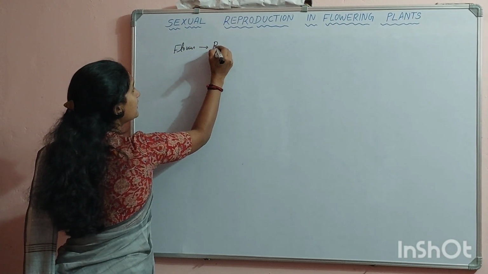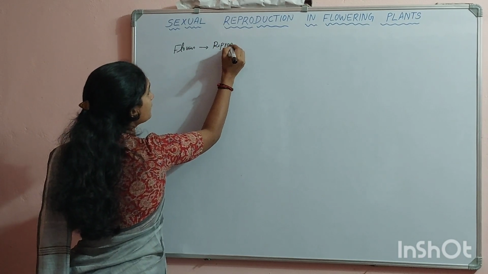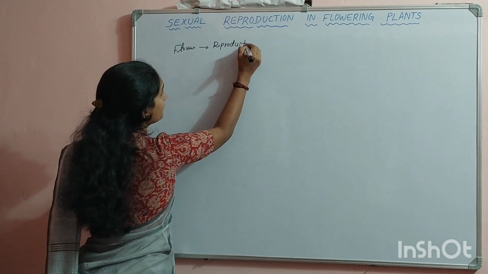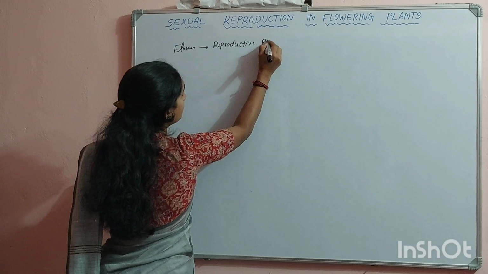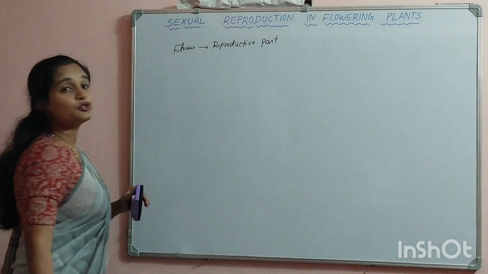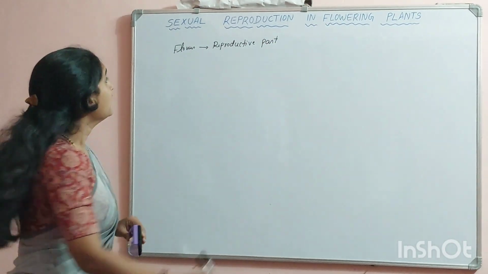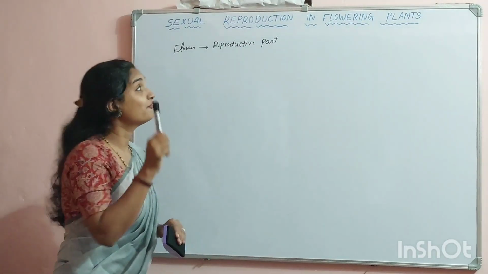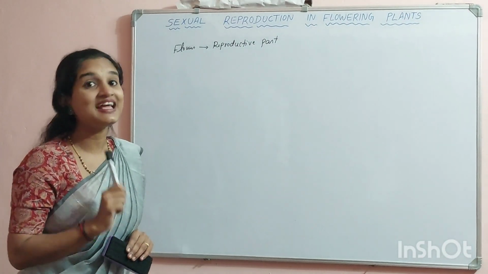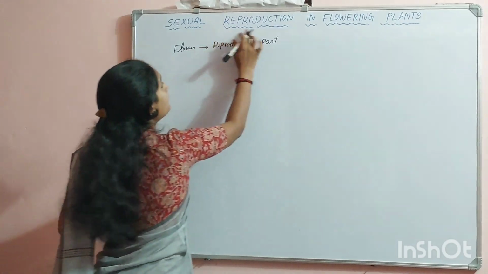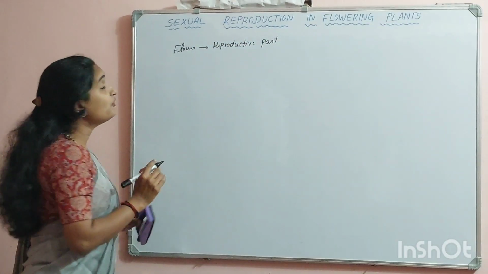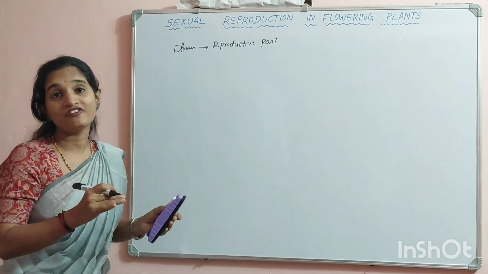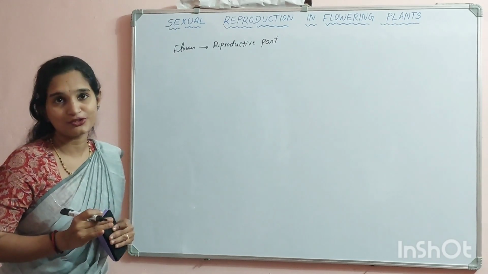It is a reproductive part of a plant. Here we are discussing the reproduction in flowering plants, and flowering plants are also called angiosperms. Before moving into the topic, we have some basic introductions to the topic.